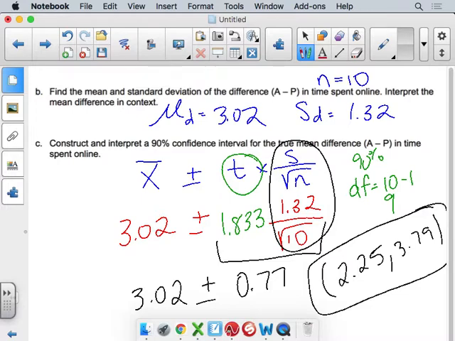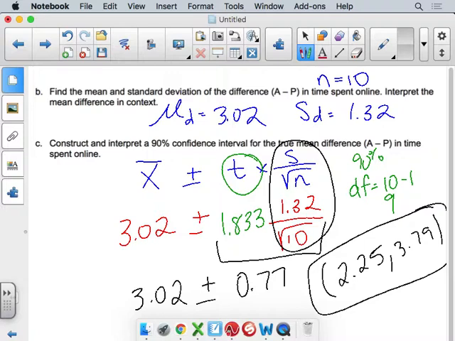So that's what I'm thinking. Somewhere in that interval is the true difference in actual time spent versus parent perception of time spent. So parents are underestimating by almost 2.5 to 3.5 hours. That's pretty big. I could see that though, you know.